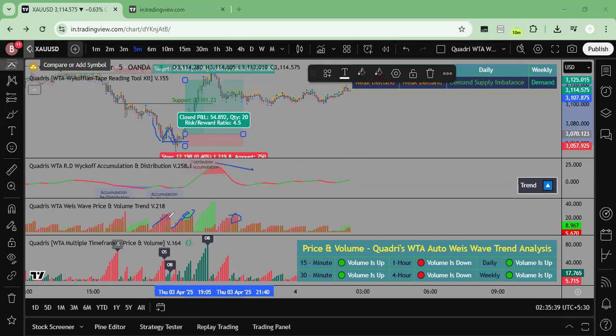The upper red part is supply, the upper green part is demand. So demand kicked in, and apart from that, we are already oversold over here. Oversold means price is about to change. Here we got overbought, and then we came back and tested this particular level and went up.